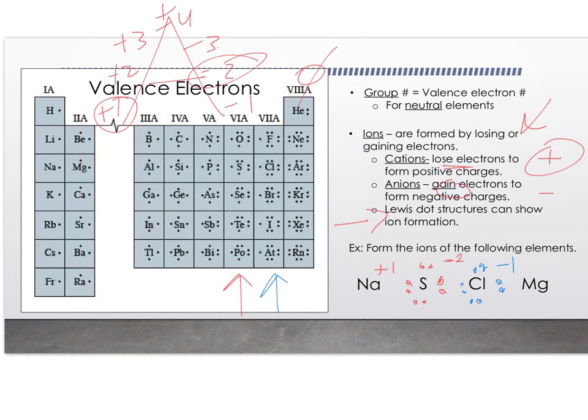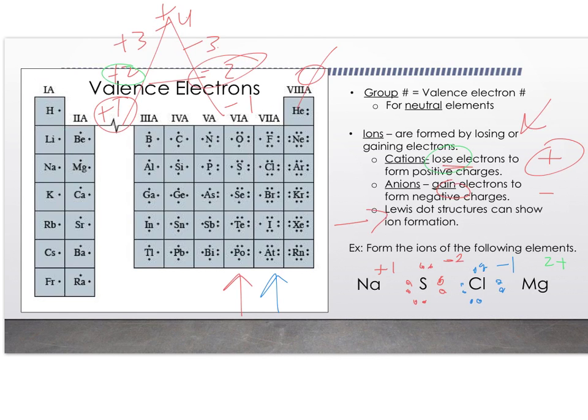Magnesium is in group number 2, so it normally has 1, 2 valence electrons. However, group 2 forms +2 charges. That's a cation. That means it lost those 2 electrons. So you literally erase them and show that the magnesium lost those 2 electrons to form that +2 charge.